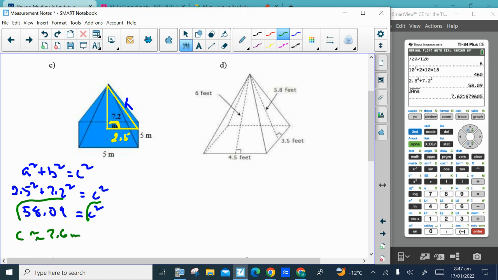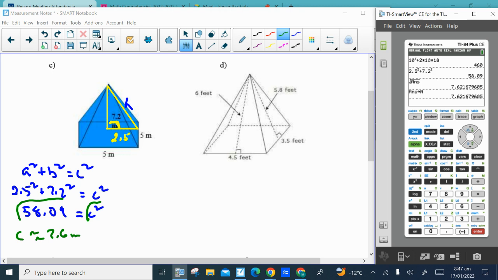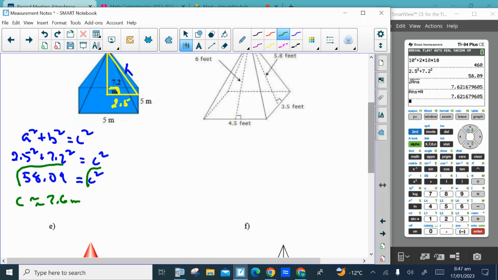So I rounded it to write it down, but when we use that number in a calculation, we have to use the entire value that's in our calculator. So I'm going to store that into memory slot A for now, just so I have it there. And now we can find the surface area of this shape by using the formula. Surface area will equal L squared plus 2LH.